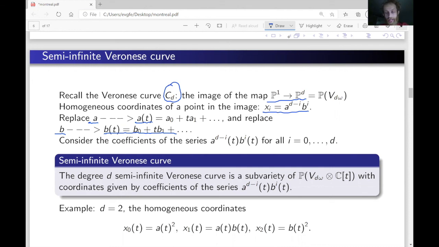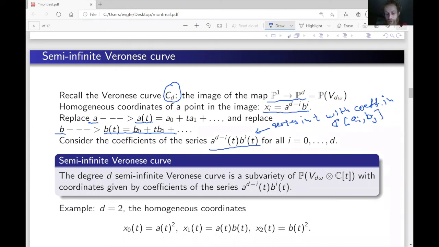And as before, let us consider the products of this form: A to the D minus i of t, and then Bi of t. You can see that these are infinite series, series in t with coefficients in the polynomial ring in the Ai, Bj.